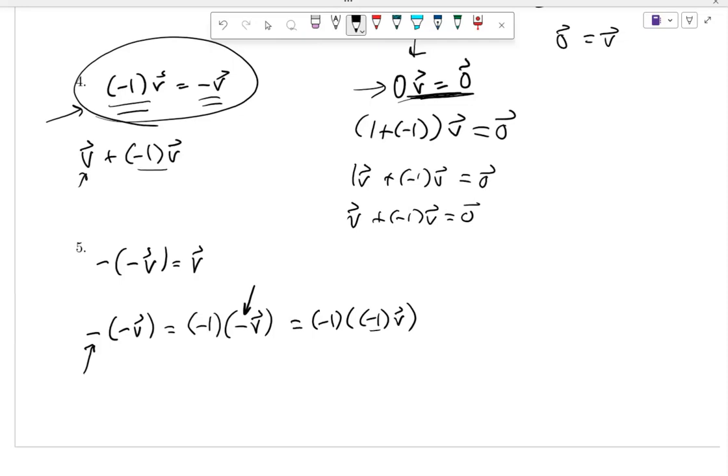Notice that this negative 1 currently is with the v. I want it with this negative 1. How do I do that? Reassociate, good. And now inside that bigger set of parentheses, what kind of thing do we have? Just real number multiplication. Negative 1 times negative 1 is 1. And then 1 times v is just v. Does that make sense?